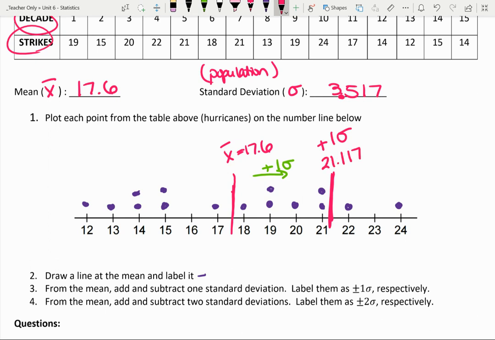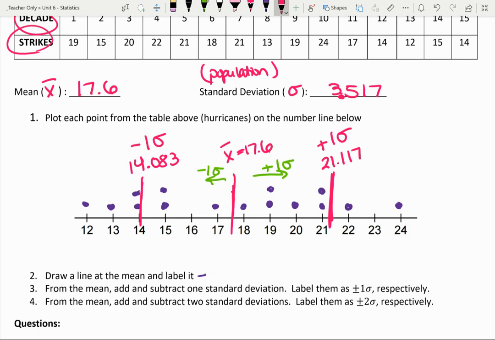So I'm adding 1 standard deviation to the mean. But if I go in the other direction, then obviously I'm subtracting 1 standard deviation. And 17.6 minus 3.517 is equal to just more than 14. It's 14.083, and that's minus 1 standard deviation.